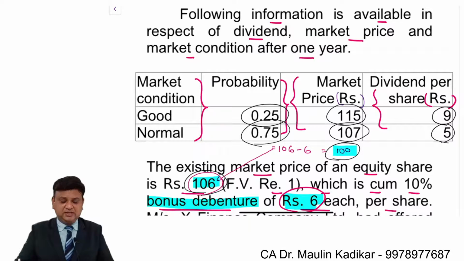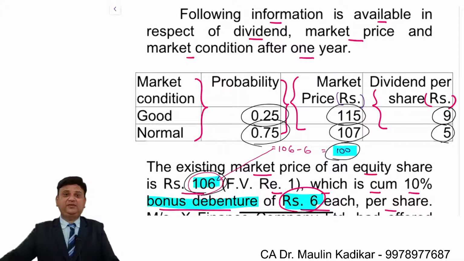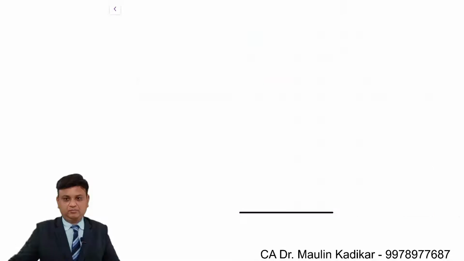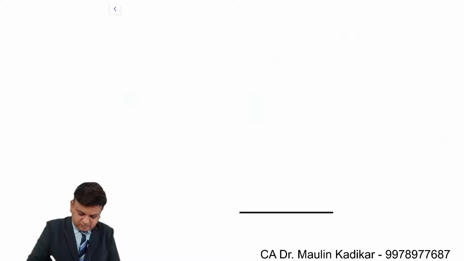That is the way the return is found as 12% in this 75% probability. So the probability-weighted returns will give us the mean return, and we are required to compute the standard deviation of this return. So let us answer the question.